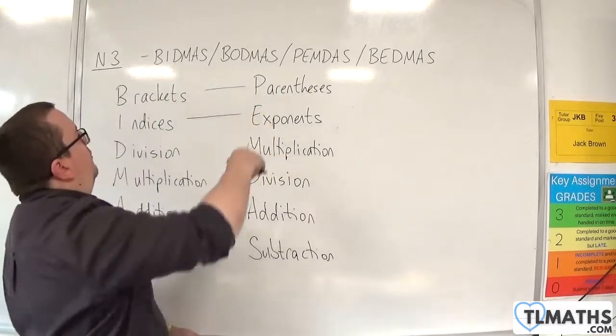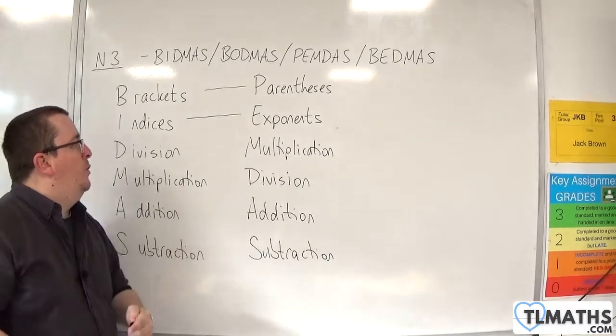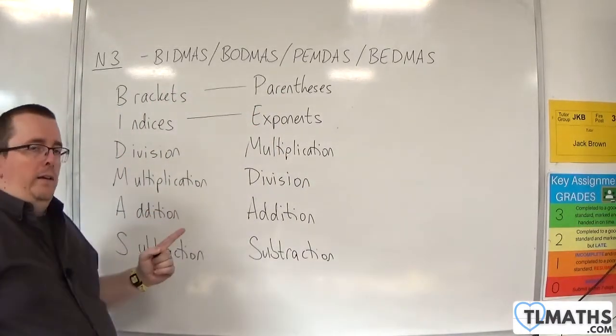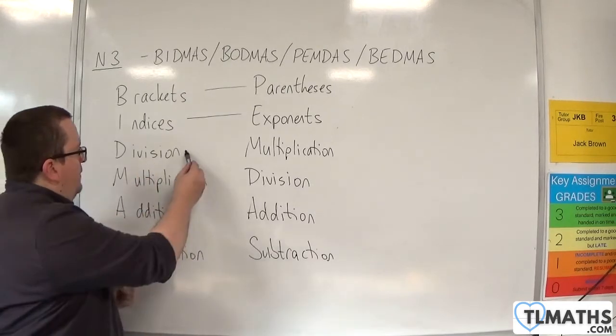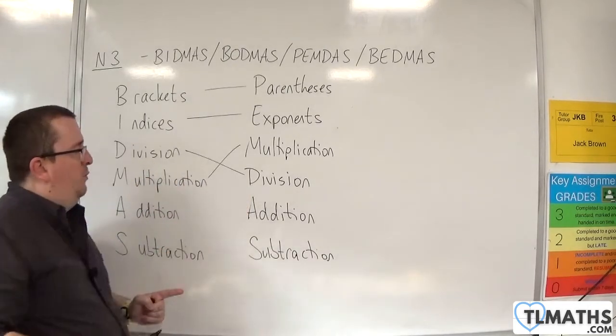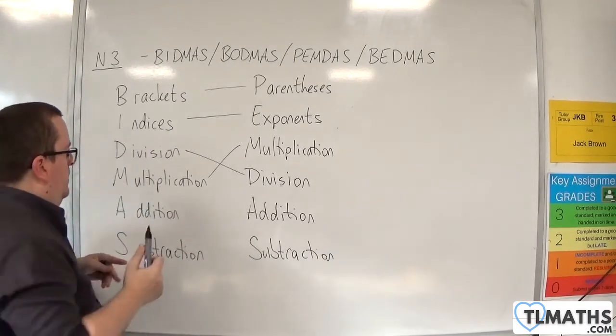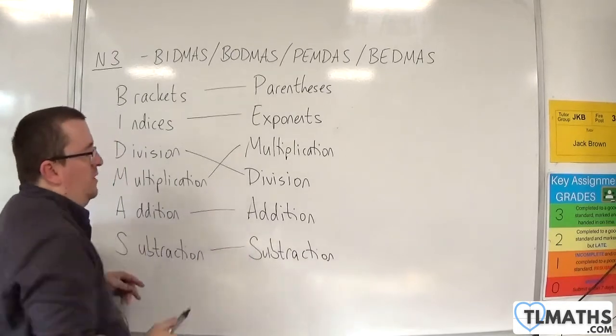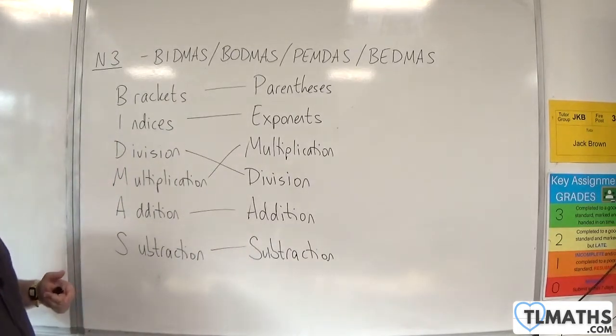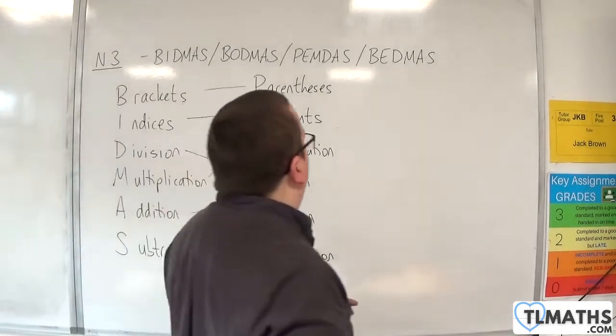So we've got brackets, parentheses, indices, exponents. Oh, but wait. Division, division. Multiplication, multiplication. The order's changed. Why is that the case? Addition and subtraction around the same way. Now, why would that be the case?